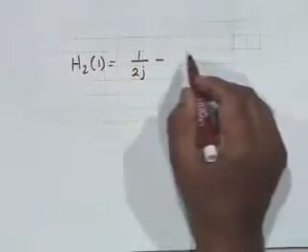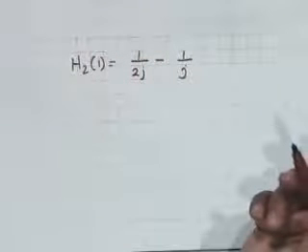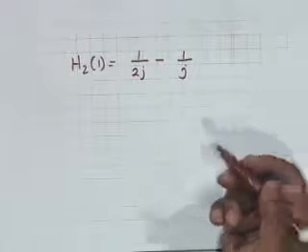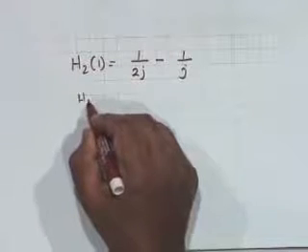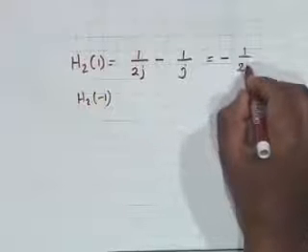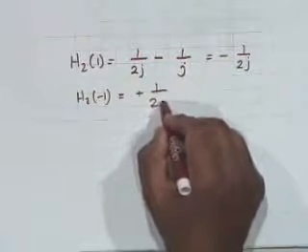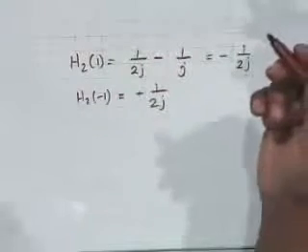This will be minus 1 over j. Is that okay? Alright. And so h2 of minus 1, well, how much is this? Minus 1 over 2j. And h2 of minus 1 is plus 1 over 2j. And now we multiply and simplify, we shall get exactly the same result.